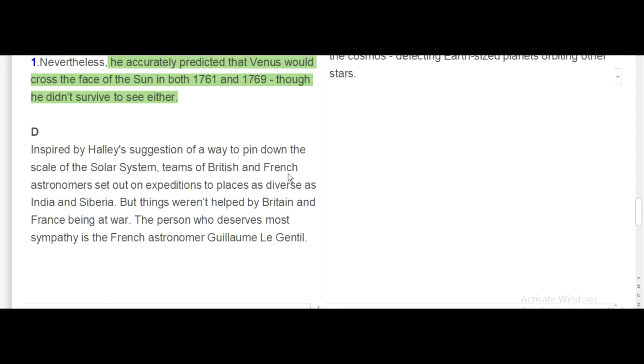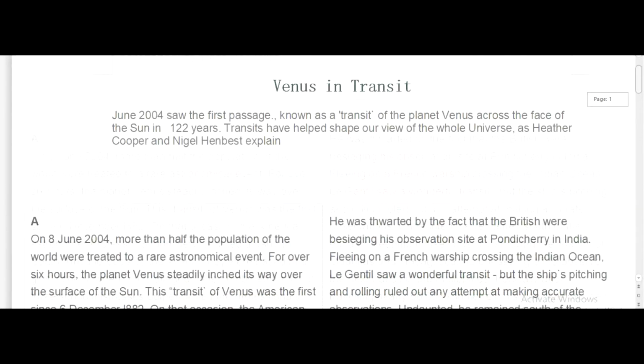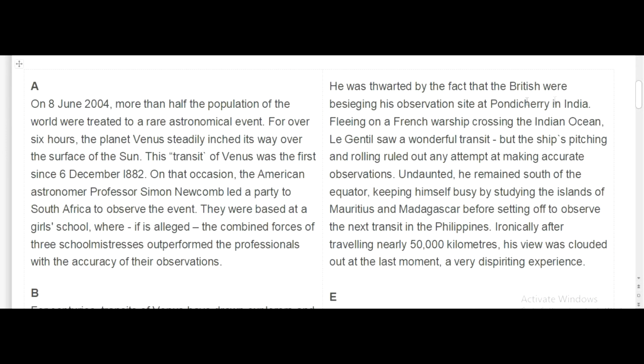Le Gentil, here it is. Remember, we are also looking for observe or second transit of Venus. Observation.